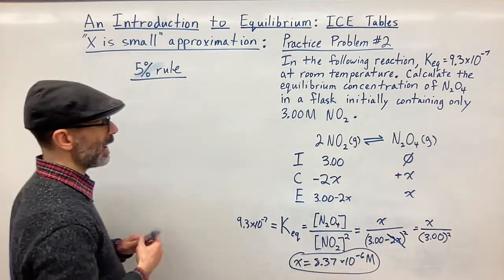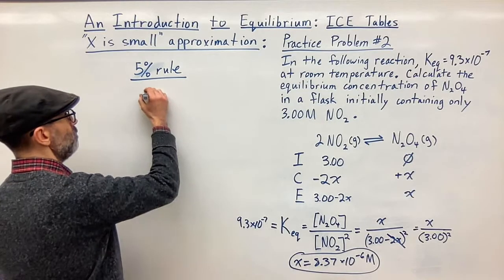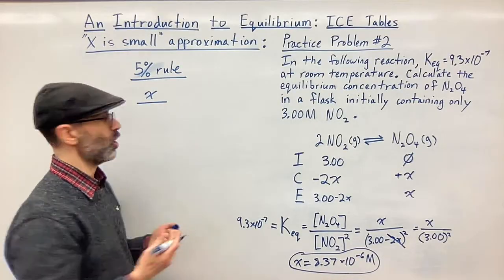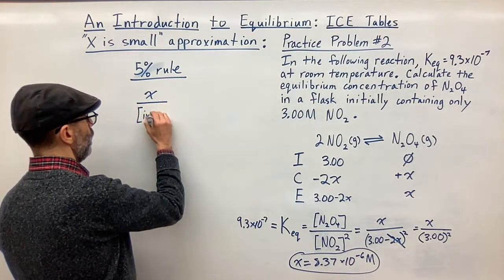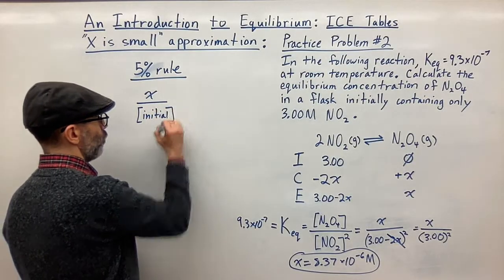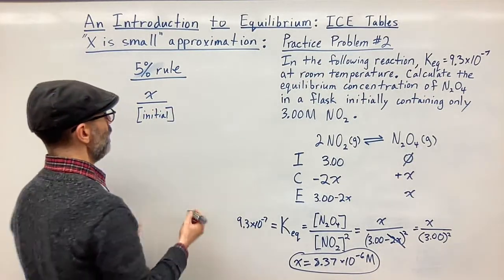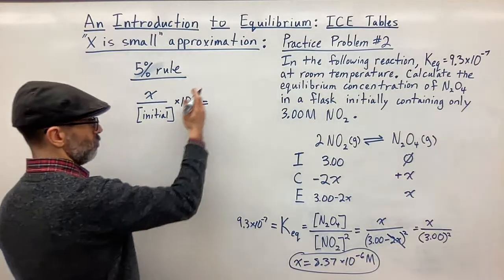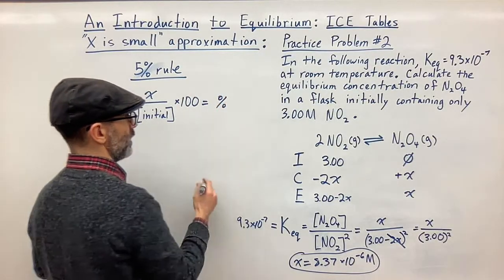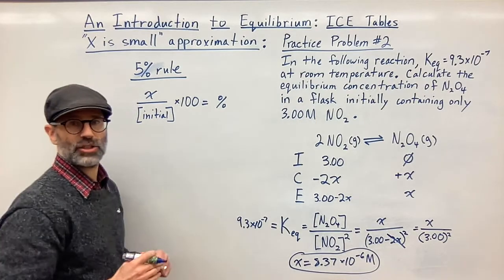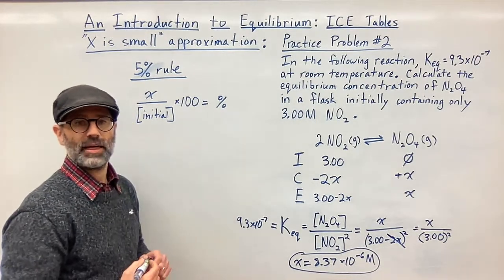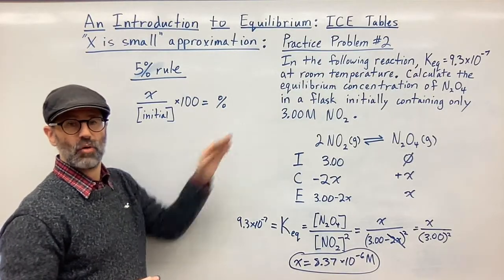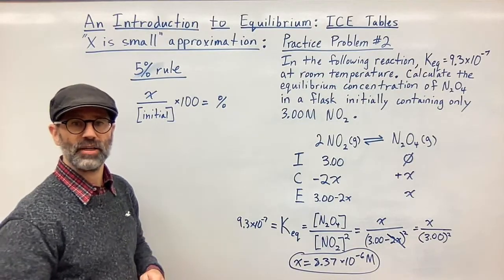You take the x that you got, whatever your x value is, and divide it by your initial concentration, whatever initial concentration you are given for your reactant. Then you multiply that by 100, and you get a percentage. That percentage should be less than 5%. If it's less than 5%, then it's valid. If your percentage is 5% or more, then it's not going to be valid.